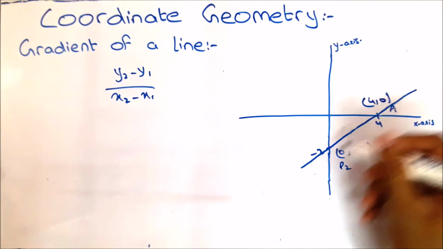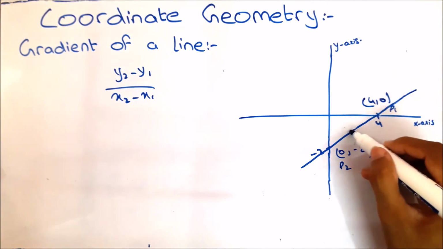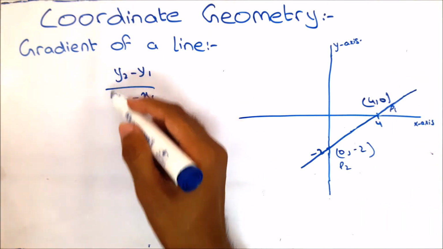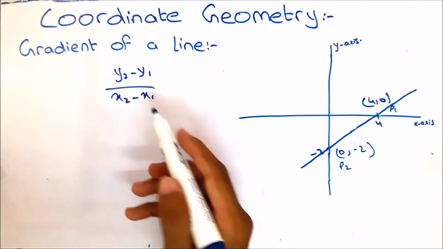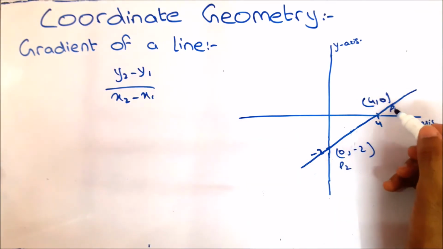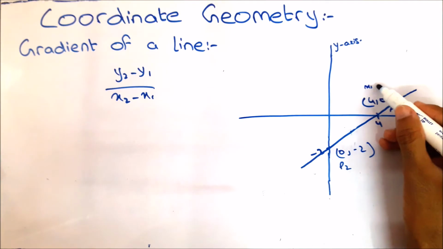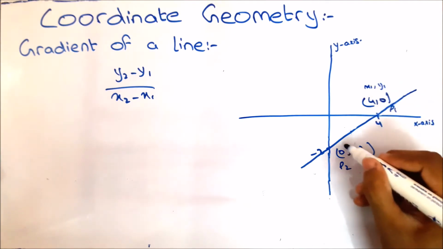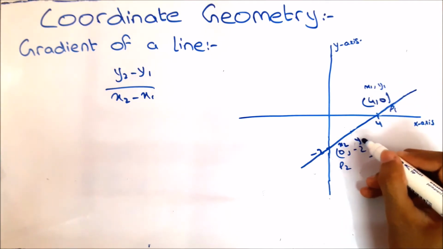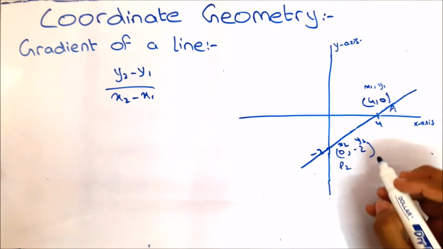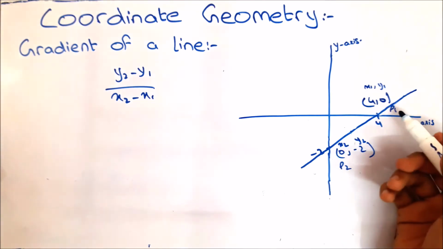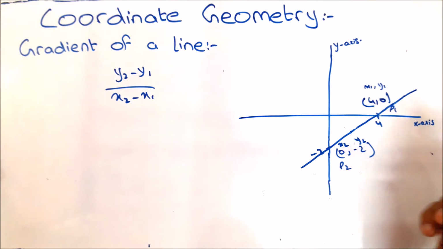You can take any points on this line and just put in x2, x1 and y2, y1. Here we have P1 with x1 and y1, and this is our x2 and y2. You can take this as P2 and this as P1, it's up to you.